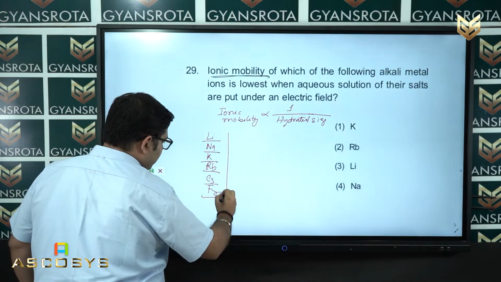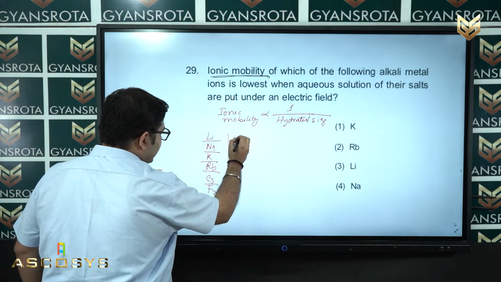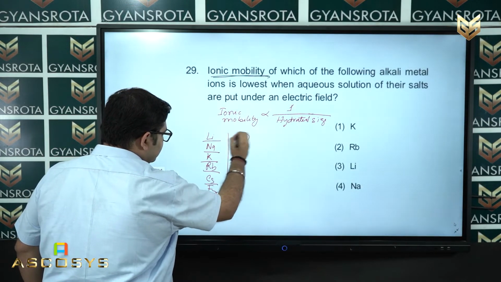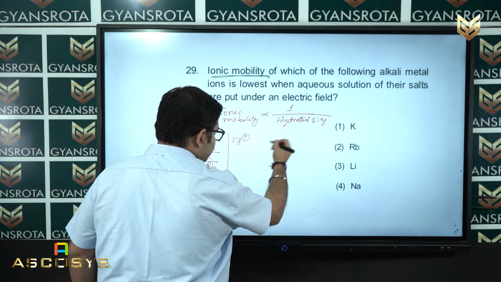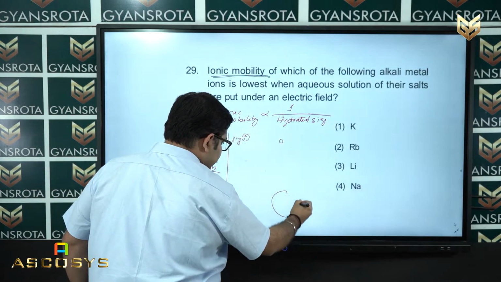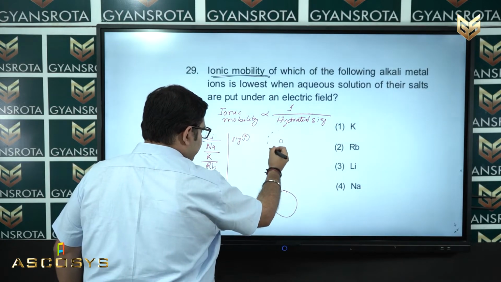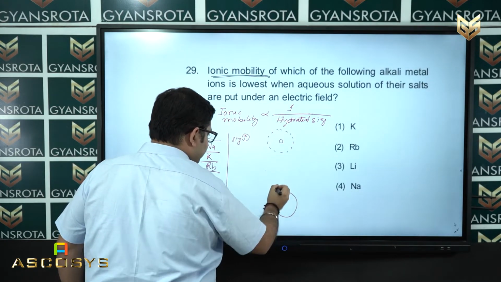So, if you go down the group, what will happen? The size increases. But if you consider a hydrated structure, suppose this is my lithium, which is smaller, and this is my cesium, and I am going to draw a hydrated structure of this.